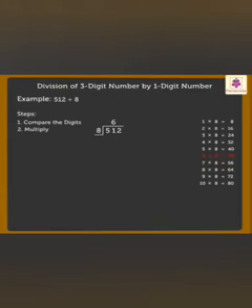Write 6 in the tens place in the quotient and the number 48 under 51. Now subtract 48 from 51, which is equal to 3.